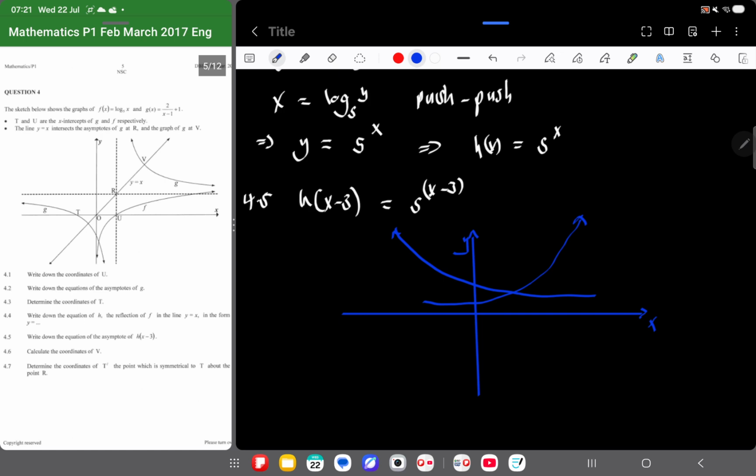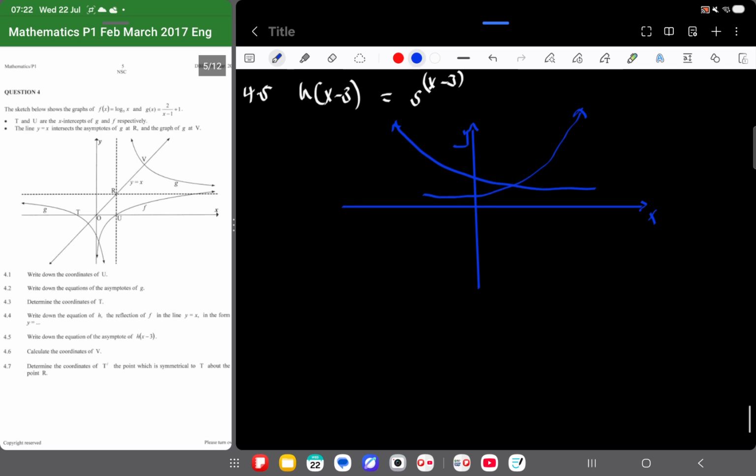So the confusion in here will be like you setting this equal to 0 and you think you have found the right asymptote, but that's not correct because of the domain of exponential graphs. This graph can go on forever and ever.